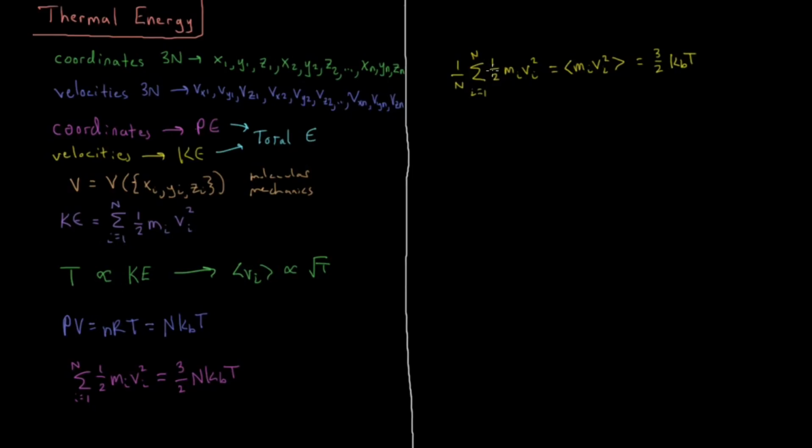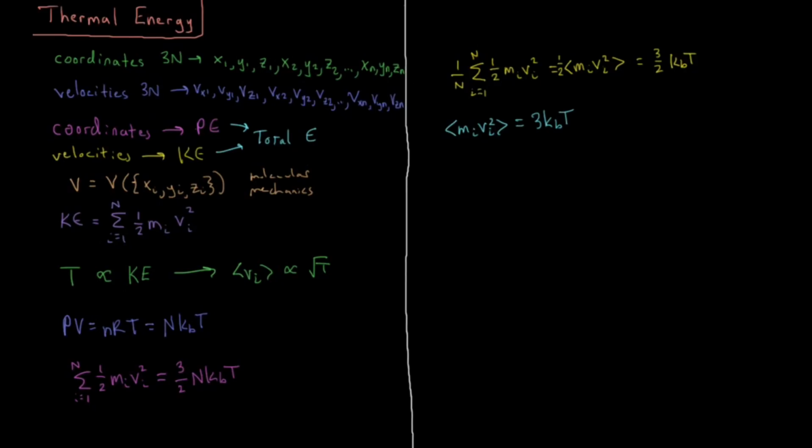So notice there's a factor of 1/2 here. If I multiply both sides by 2, then what I have is that 2 times the kinetic energy, mass times velocity squared, of an atom is equal to about 3 kT. For an ideal gas, that would be true.